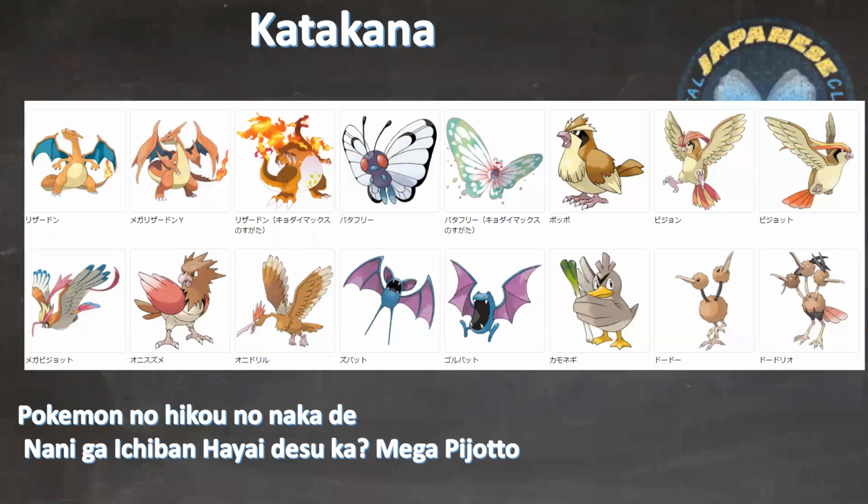Let's have a different adjective. Let's have abunai. Okay, abunai means dangerous. So who do you think is the most dangerous?